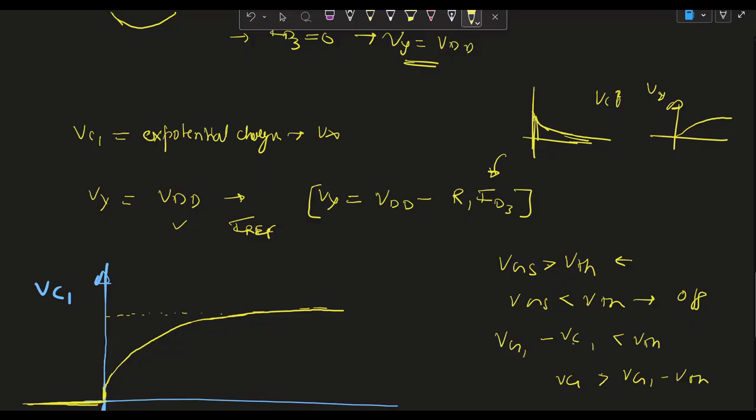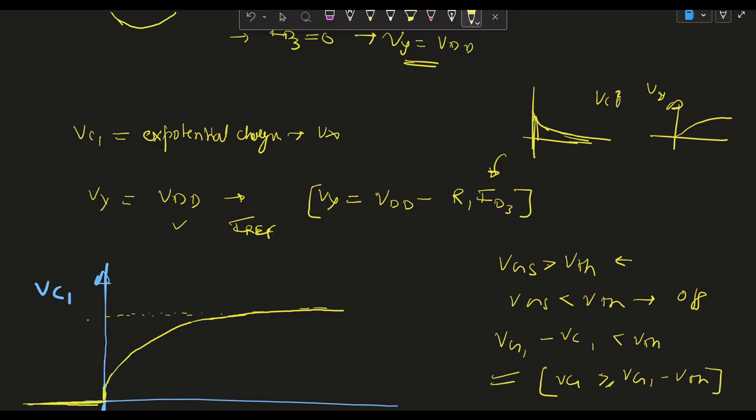So what is VC1 here? The off condition for M1 is that if VC1 increases and attains some voltage equal to VG1 minus VTH, then we can say M1 is off.